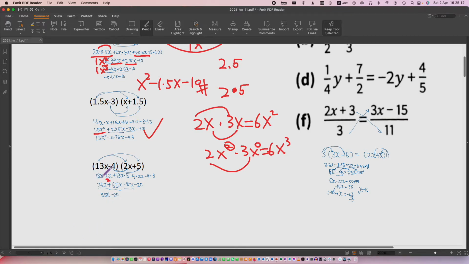Why? X times x. Then the rest is 65. Okay, good. And minus. Okay, this is good. But because this is wrong, so it's 26x squared plus 65 minus 8 is 57x minus 20. Okay. Good. So that's how you do the expansion.